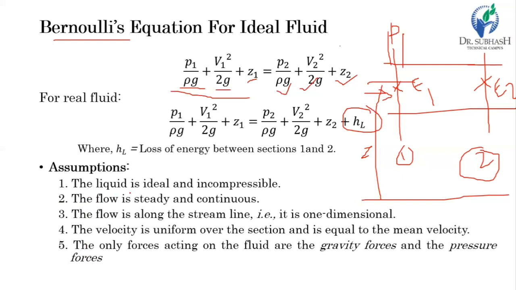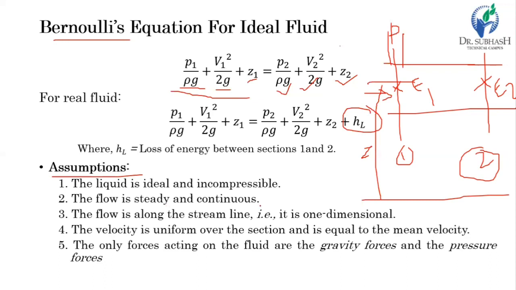Now one important aspect we have to consider when we discuss Bernoulli's equation is the assumptions we made in the derivation of Euler's equation of motion and so Bernoulli's equation. This is helpful when we apply Bernoulli's equation to any type of fluid system.